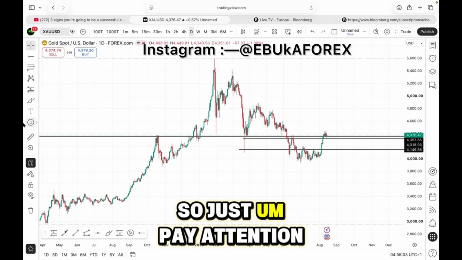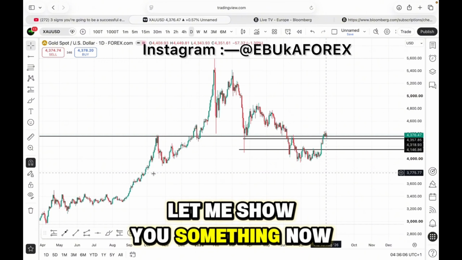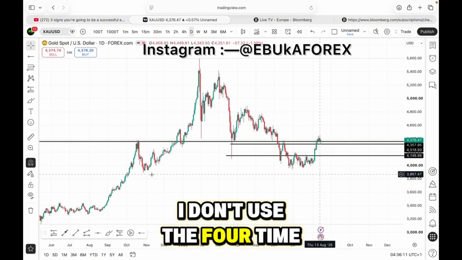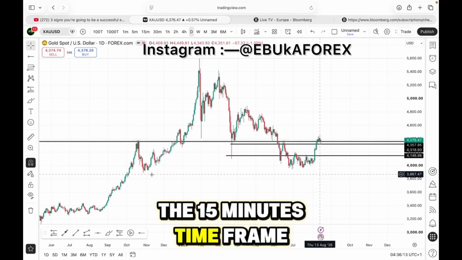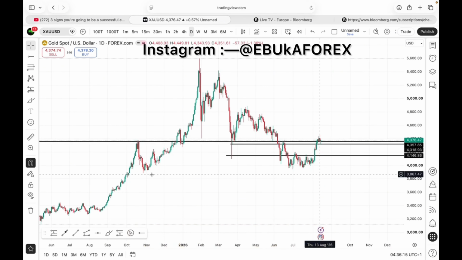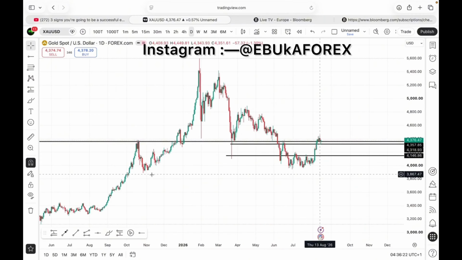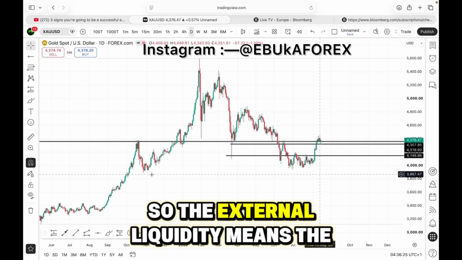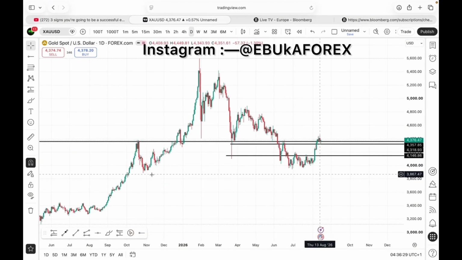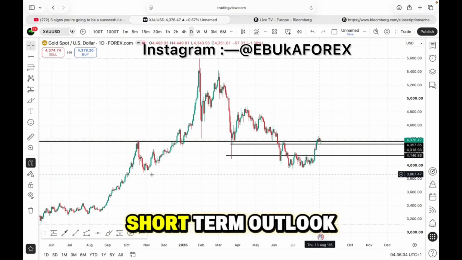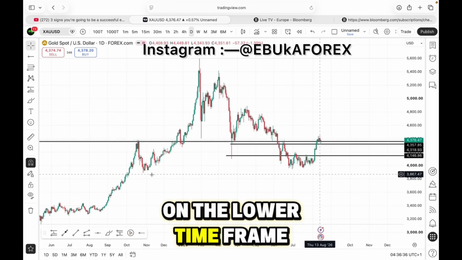So just pay attention. Let me show you something now, because we're still gonna go down to the, I don't use the 4 hour time frame, we're still gonna go down to the 15 minutes time frame or the 30 minutes time frame for you to be able to see the overall price reaction. So the external liquidity means the long-term outlook on the higher time frame, while the internal liquidity means the short-term outlook on the lower time frame.